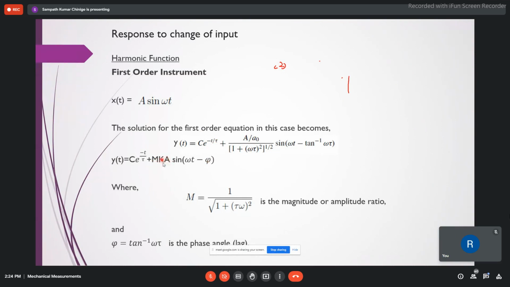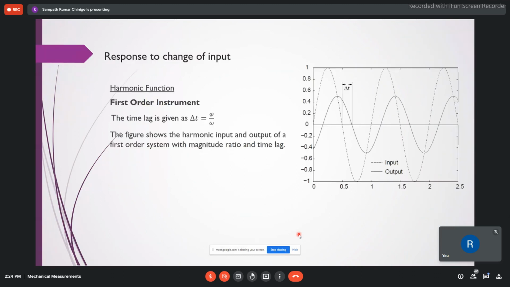As these values increase, your amplitude goes on reducing. The higher the frequency, the lesser the amplitude. So for the given input with higher frequency, your amplitude goes on reducing.